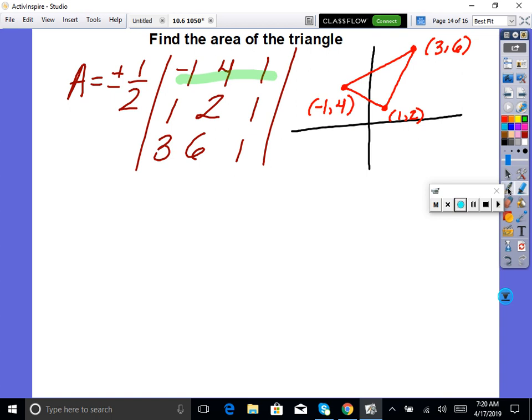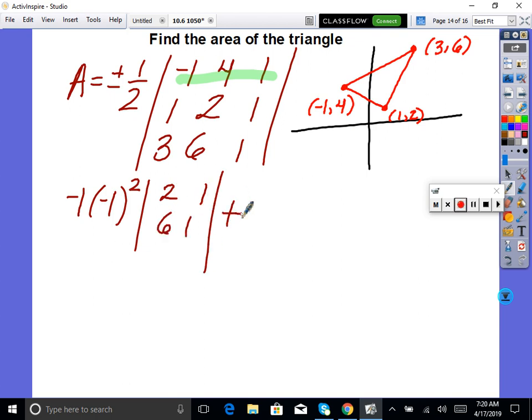So here we go. Picture yourself eliminating column 1. So if we're eliminating column 1, we'll put a negative 1 times by negative 1 squared. Then our determinant, if we're eliminating this, will be 2, 1, 6, 1. Then we'll be adding that. Let's eliminate column 2 now. So wouldn't our constant be 4?